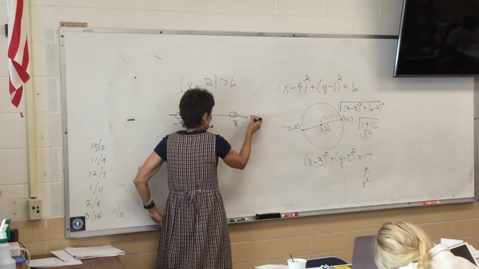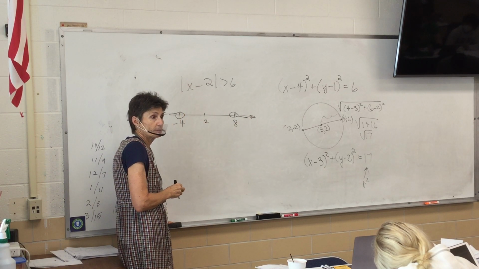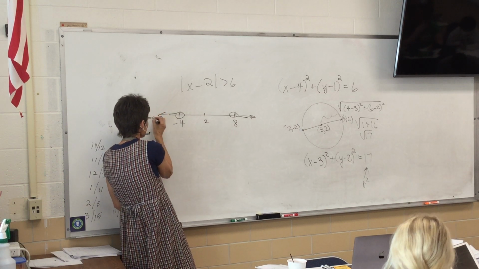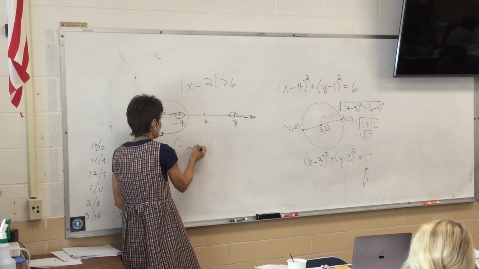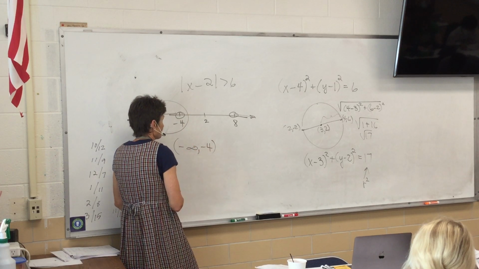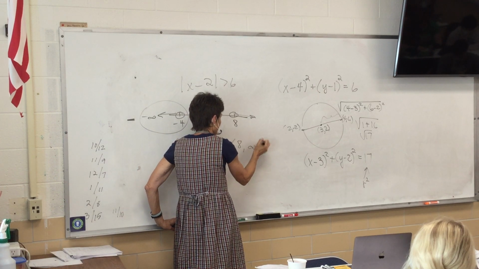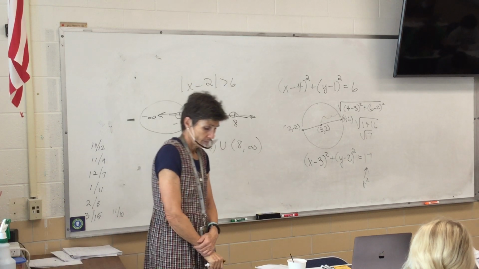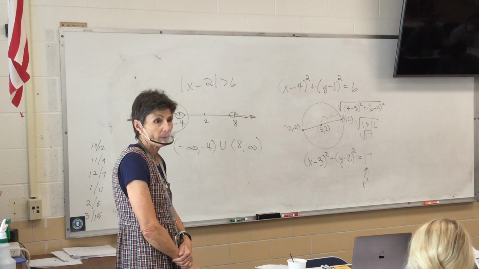So in other words, I need to be out here or out here. So as intervals, remembering this is negative infinity, this interval would be negative infinity to -4, and this interval would be 8 to infinity. You can do that problem however you want, just make sure that's the answer you come up with.